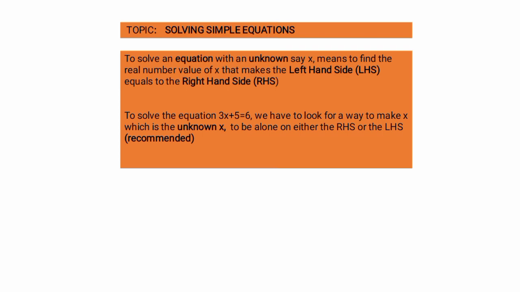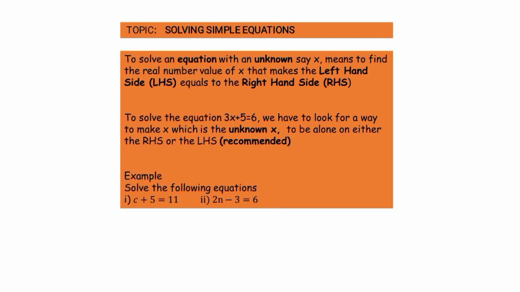If you put the unknown on the right hand side, the answer is still correct. But by convention, it is advisable you make x be on the left hand side so that after everything you are going to get x equals a certain number.